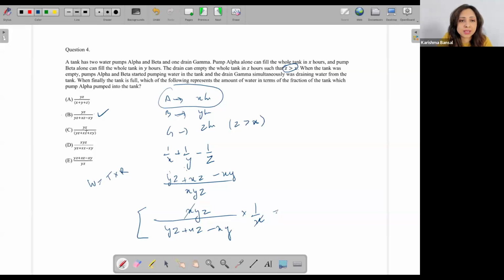For example, here I have YZ, XZ, and minus XY. Here also I have the same thing. Here I have the same thing, but the numerator will change the number. That's fine. But here I have a YZ, here I have an XYZ, which means if I take one as a value, then both of them are going to give me very similar answers, right?